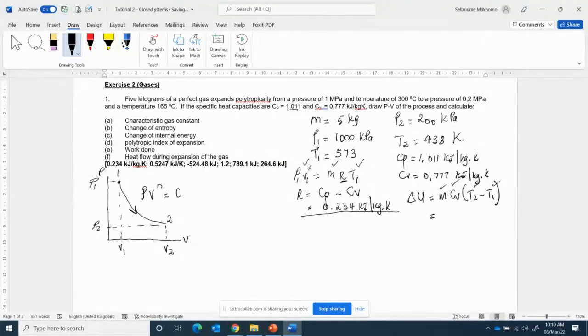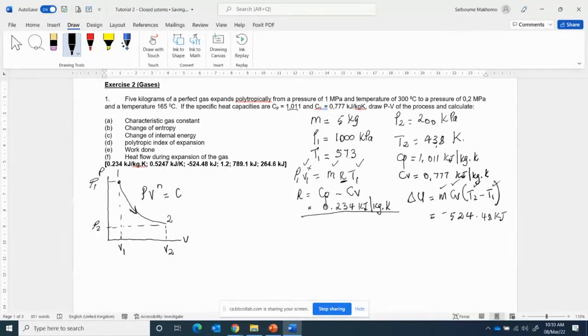When you substitute, the answer is going to be negative 524.48 kilojoules, because T2 is 438, and 438 minus 573 gives a negative answer.